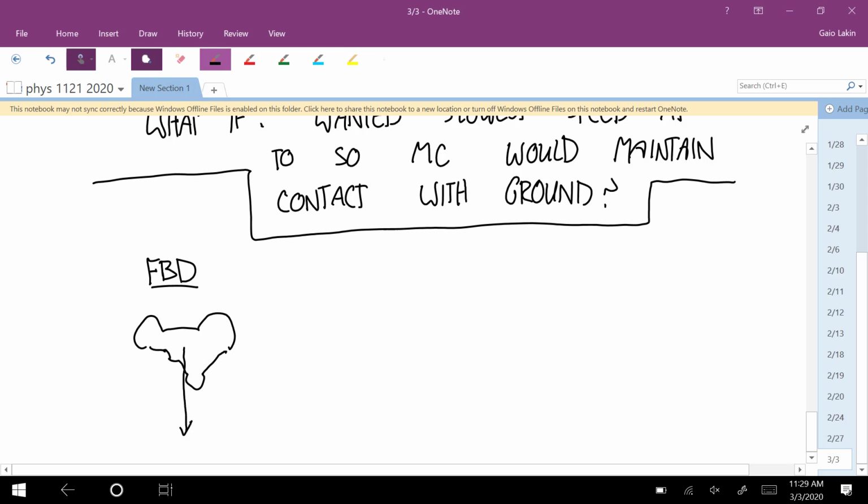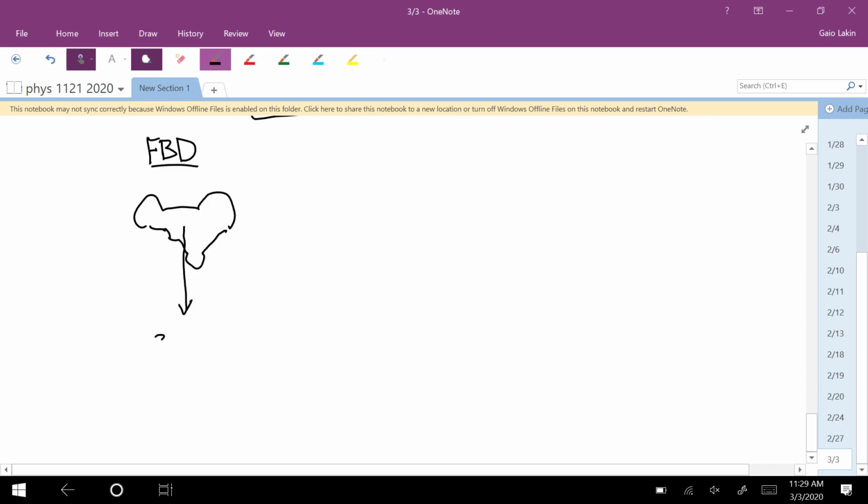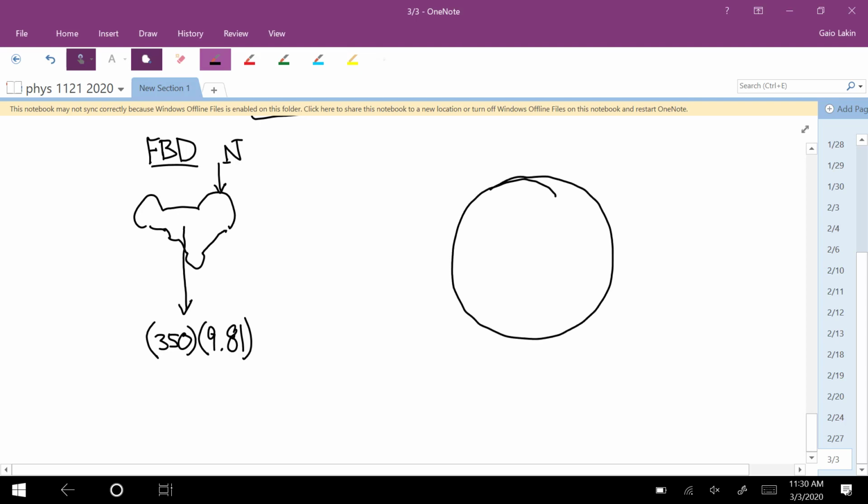There's a weight force of 350 times 9.81, and then there's this contact force N. For our circular motion, I'm sort of redoing a lot of this analysis, but we're going to assume that speed is constant up there.